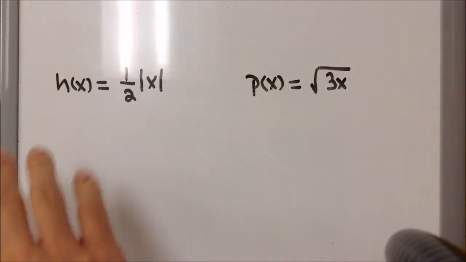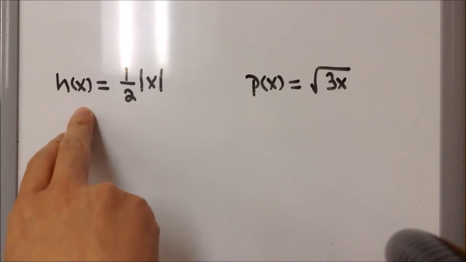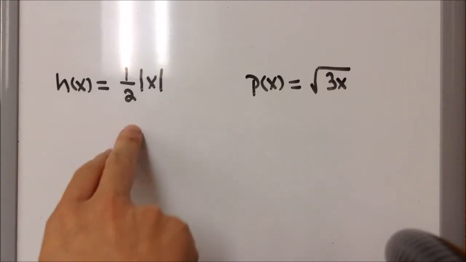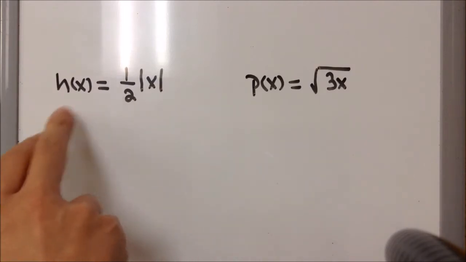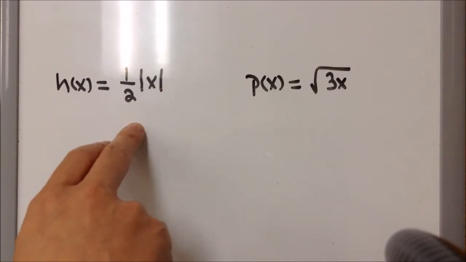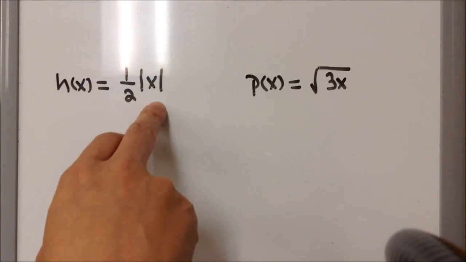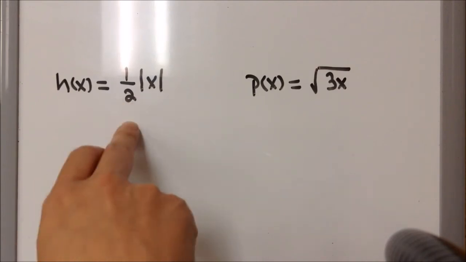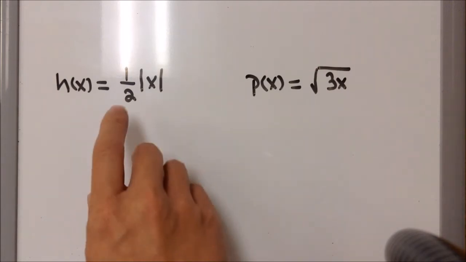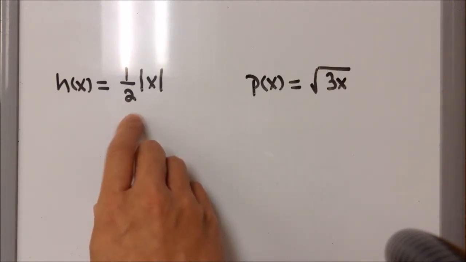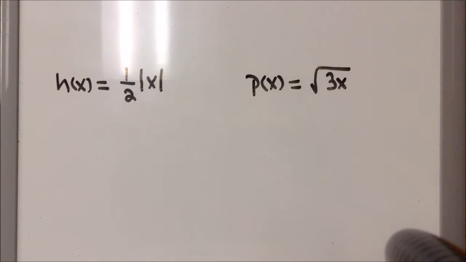So for example 3, we have h of x equals 1/2 of the absolute value of x, or 1/2 times the absolute value of x. So since we have a fraction and it's outside the function, it's outside the absolute value lines, so it's not within.